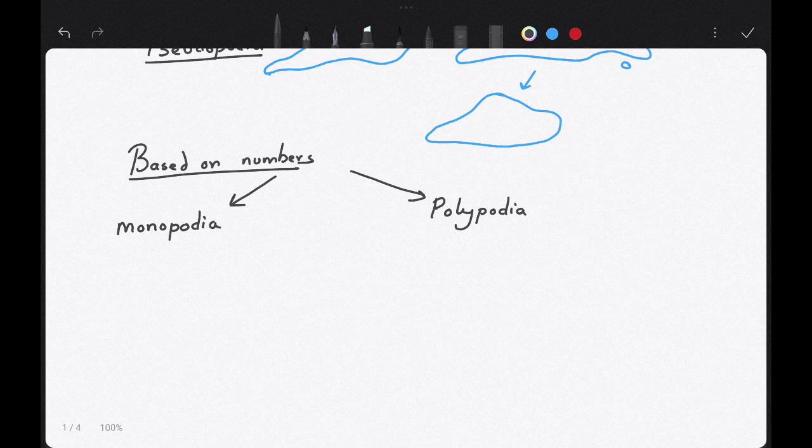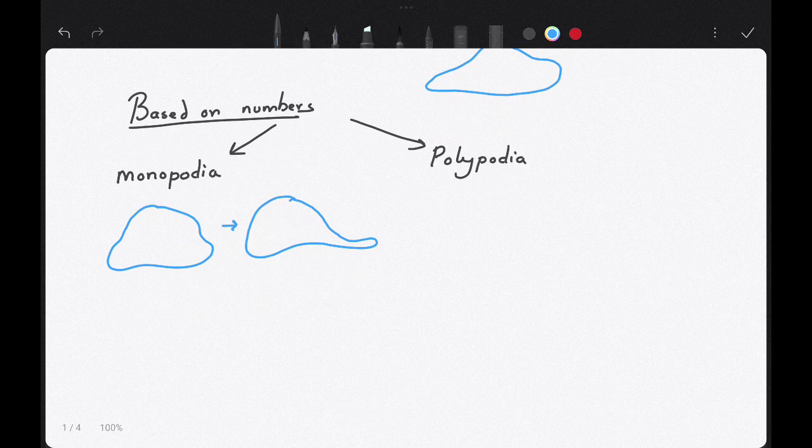What is the difference between these two? In monopodia, only a single pseudopodium will be formed in an organism. Suppose this is the one, so a single extension will be formed.